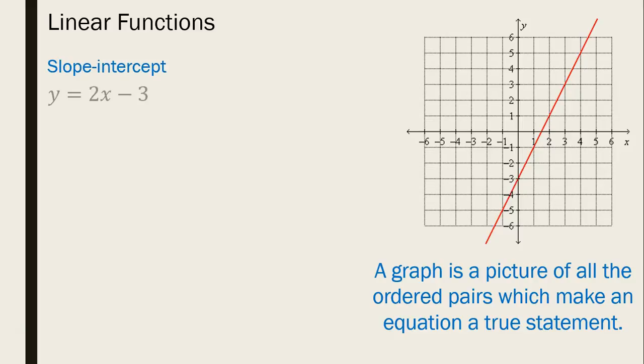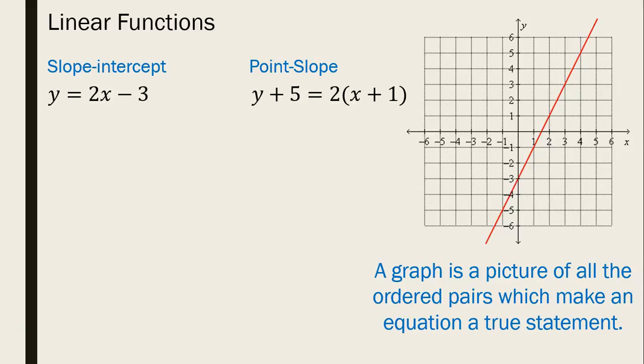Now there's more than one way we can express the equation of a linear function. One way is slope-intercept form, and the slope-intercept form for this line that we see in the graph is y equals 2x minus 3. We can also write the equation of a line in point-slope form. For this line, one version of point-slope form would be this: y plus 5 equals 2 times the quantity x plus 1.